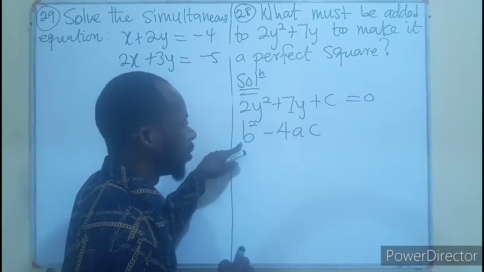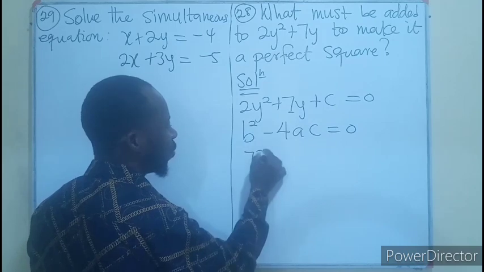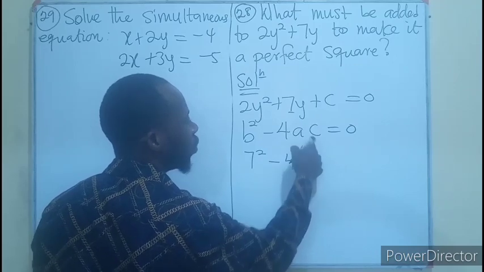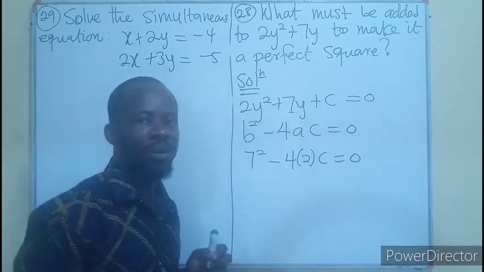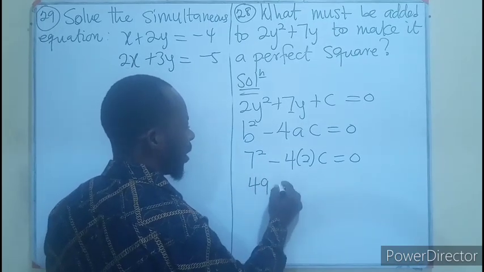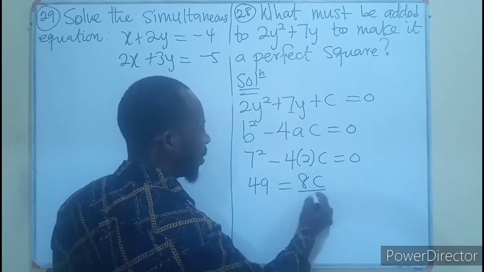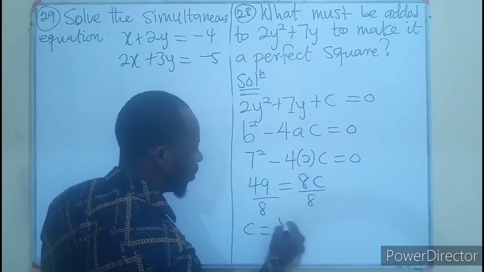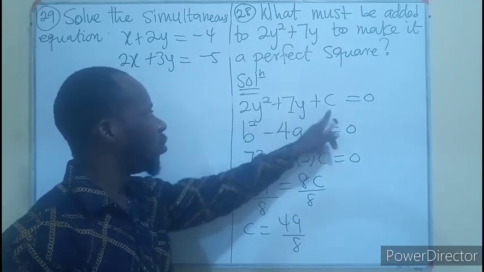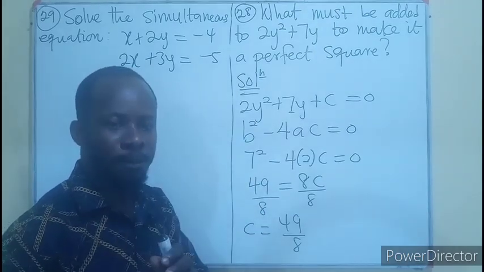So 7 squared minus 4 times 2 times c equals 0. This is 49 minus 8c equals 0, so 8c equals 49. Dividing by 8, c is 49 over 8. This is what, if added to this equation, will make it a perfect square. Good.